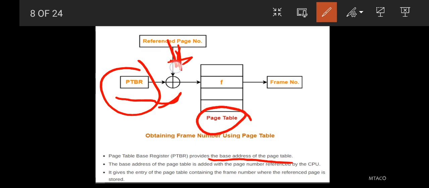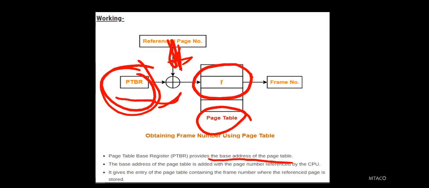Whatever is added from your reference page number with your PTBR, that will serve as your frame number where the reference page is stored. Again, you add your reference page number and the base address of your page table, and that will serve as your frame number.